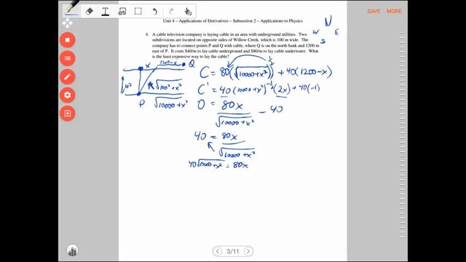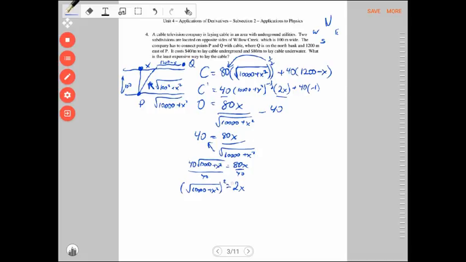Now I could square this right from here, but if I look closely at the numbers, if I divide this side by 40 and this side by 40, that's going to make things a lot easier. So it's the square root of 10,000 plus x squared, and 80 divided by 40 is just 2, so 2x. It makes it a lot smaller, so I don't have to worry about squaring such big numbers.